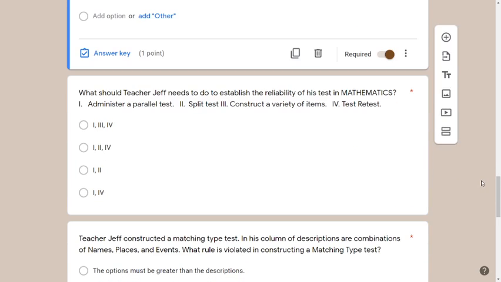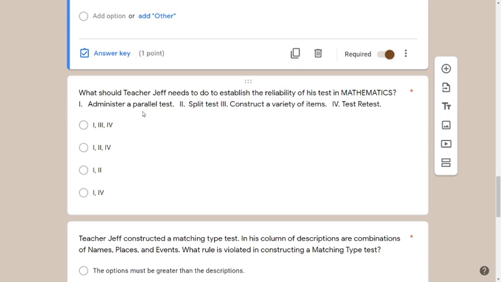So for our next question, what does teacher Jeff need to do to establish the reliability of his test in mathematics? The options are: administer parallel test, split test, construct variety of items, and test retest. Looking at the options, you can already judge that one is correct.